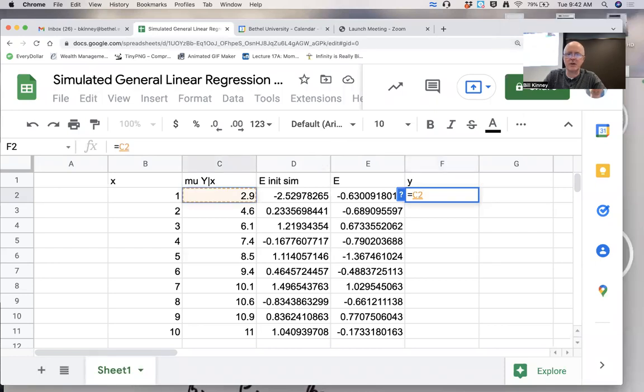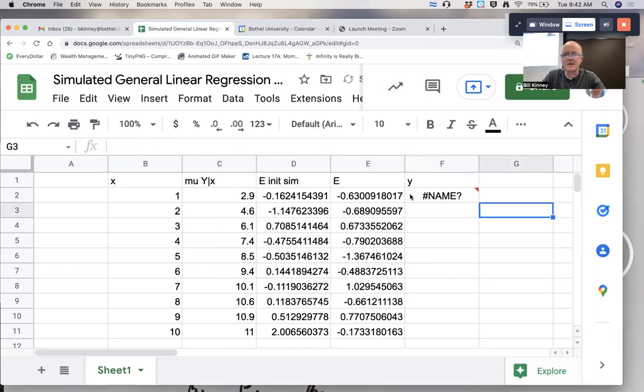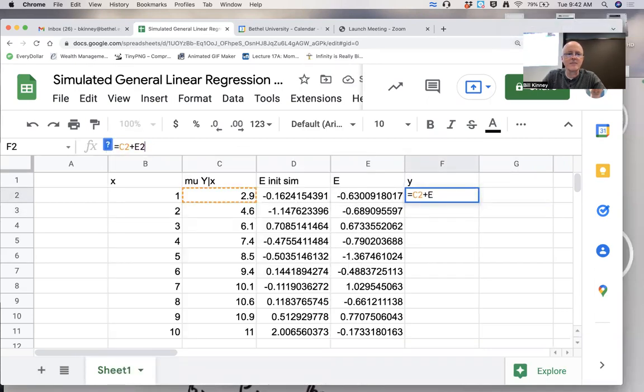Take the mu value plus E. Like that. Giving us then spread both above and below, not the regression line, but the regression curve, the regression parabola.